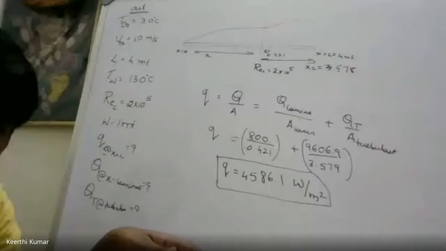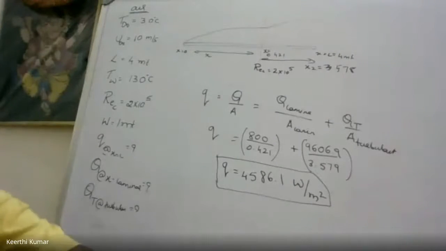Anybody having doubt? See, today what are the changes compared to the previous problem? Again, I'll repeat. In the previous problem, we took the critical Reynolds number as 5 into 10 to the power of 5. Today we have taken the same thing. We first identified the zone of laminar flow and the zone of turbulent flow using the critical Reynolds number.